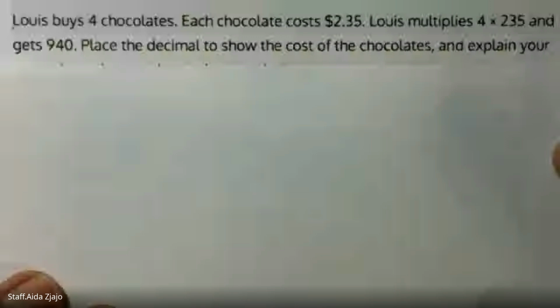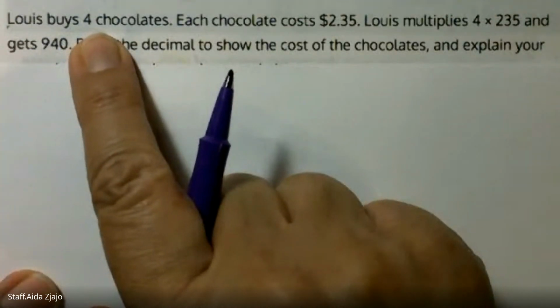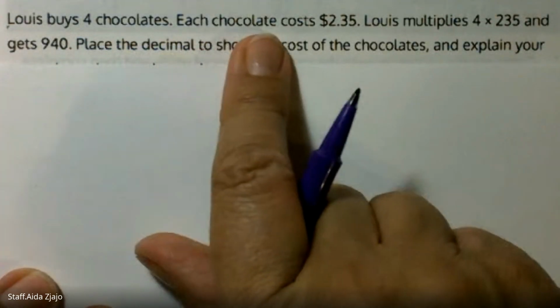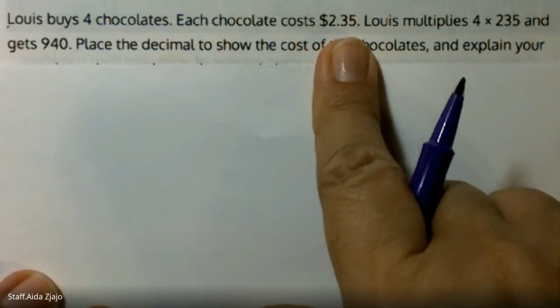All right. Of course, read, draw, and write. Let's see. Ready, set, go. Louise buys 4 chocolates. Each chocolate costs $2.35.